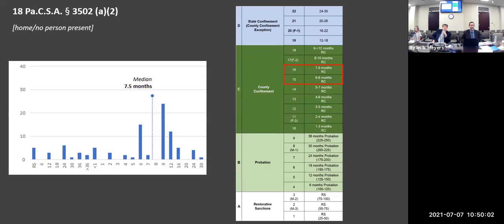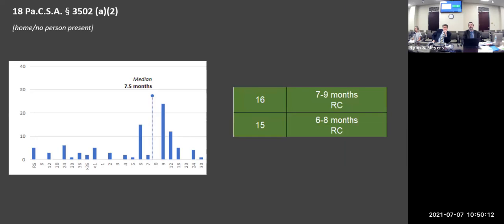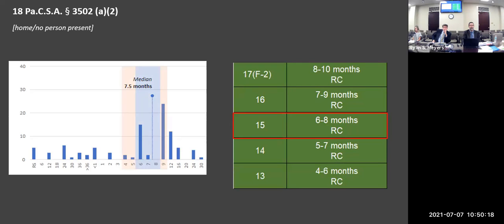So in this example, we have 2 OGS categories on the new matrix, OGS 16 and OGS 15, that correspond with the 7.5 months. So we see it falling between 6 and 8 or between 7 and 9. We took the midpoint one here, OGS 15, as an example.